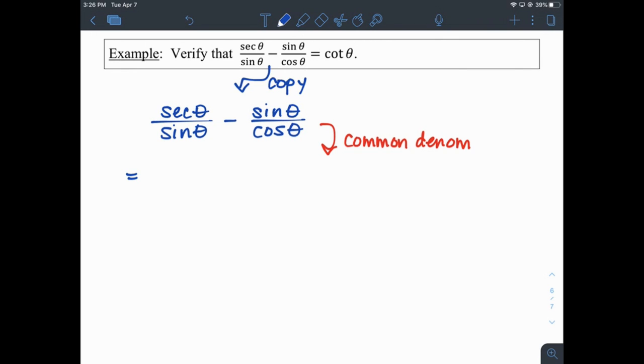So I just need to pick one. Again, if you pick a different choice and you work it out a little bit differently and you want to make sure that you did it right, take a picture and email it to me and I can check it for you. All right, so common denominator is just going to be the product of these, sine theta times cosine theta.